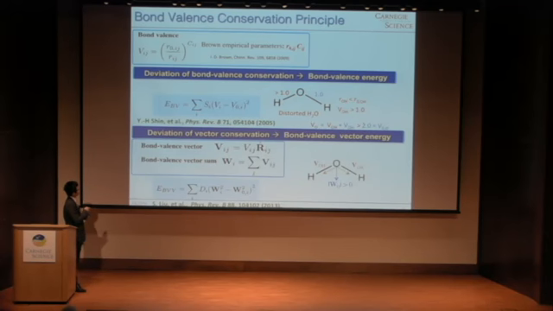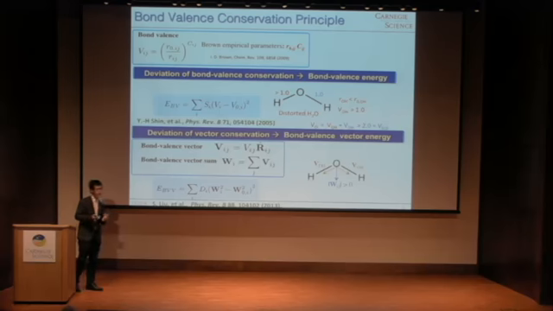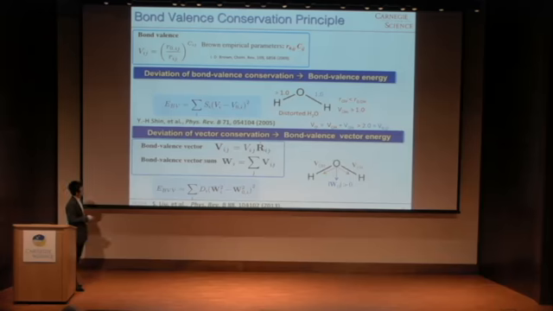So this bond valence energy captures the energy penalty for both overbonded atoms and underbonded atoms. We can also introduce the concept of the bond valence vector, which is defined as a vector lying along the bond with magnitude equal to the bond valence. So the vector sum is the measure of the local symmetry breaking, which is important for describing ferroelectrics.